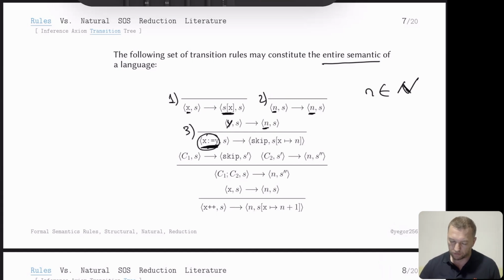Skip means remove it from the processing pipeline, and change the state by setting x to the number n.